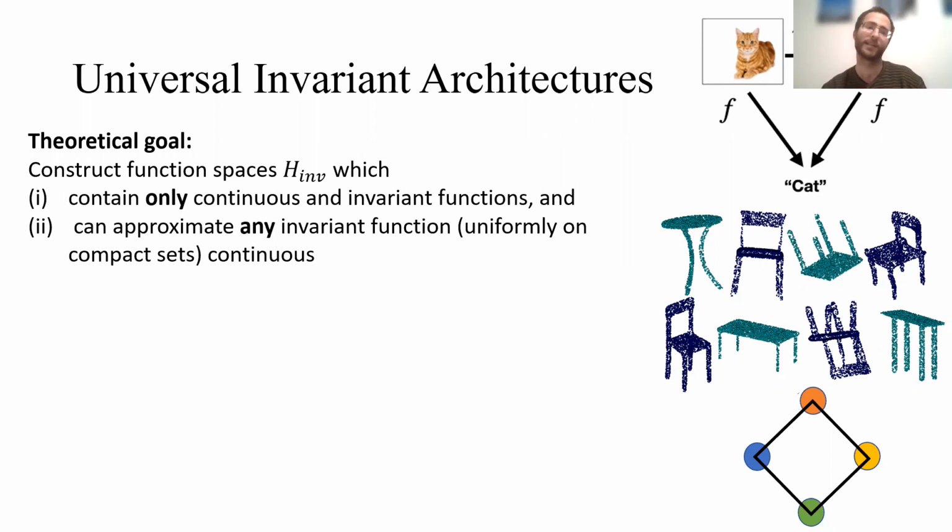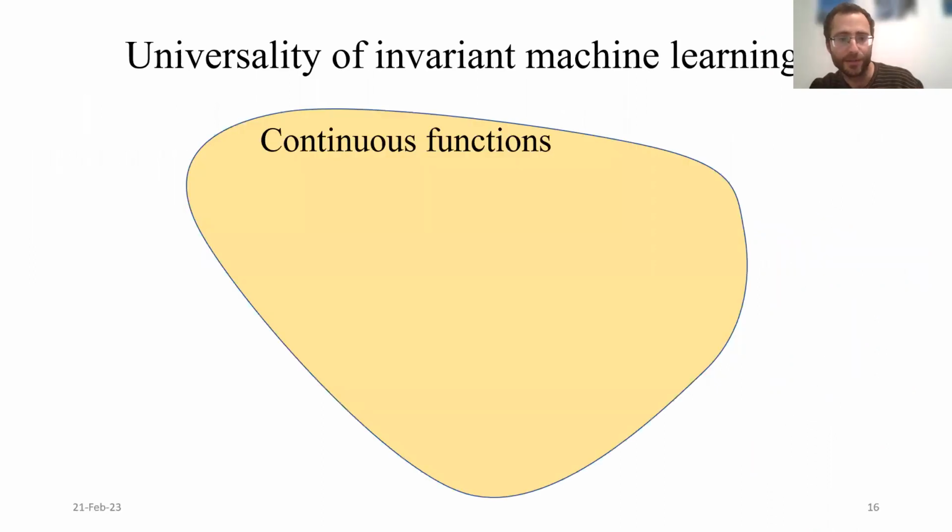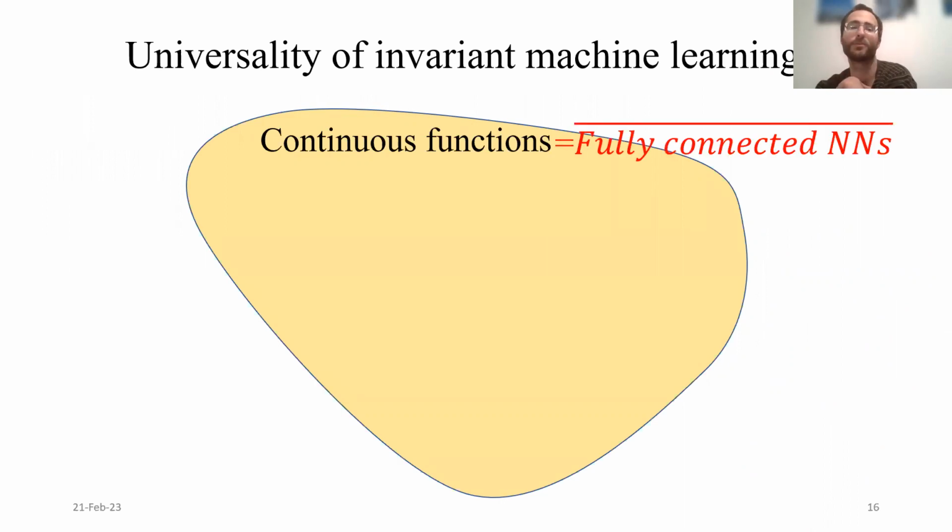We'd like to have a complete hypothesis class which can approximate anything, in terms of the more well-known universality theorem of fully connected neural networks. That theorem says that any continuous function can be approximated by fully connected networks.